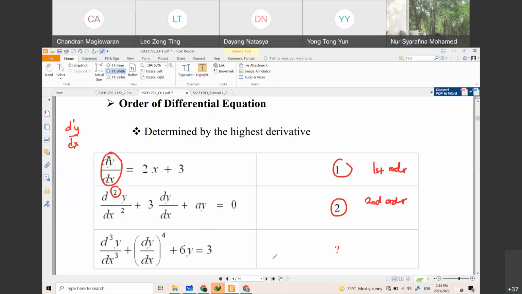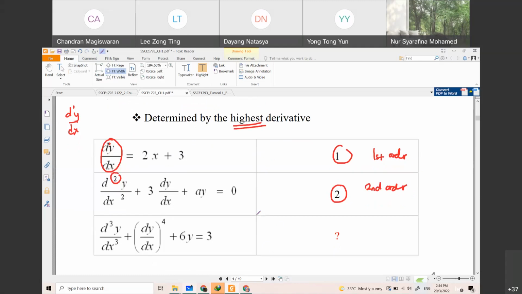What about the third one? You have to take a look at the highest derivative only. As you can see, what is the highest derivative for this? Is it dy/dx or d cubed y over dx cubed? dy/dx means you differentiate once. d cubed y means you differentiate three times.